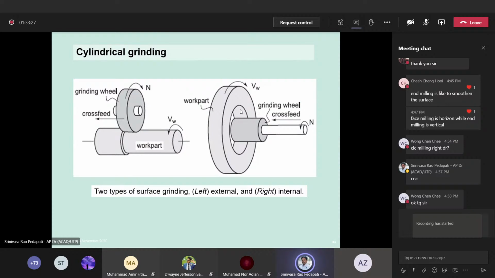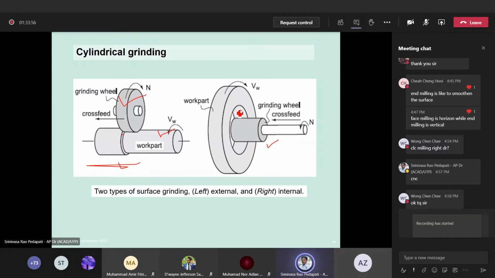So let us see cylindrical grinding. Cylindrical grinding, as I said, is to machine cylindrical parts, as shown in the figure here. The wheel is here, and this is the part which is to be ground. This one is the depth of cut for that grinding. So this figure is external grinding. This figure is internal grinding.